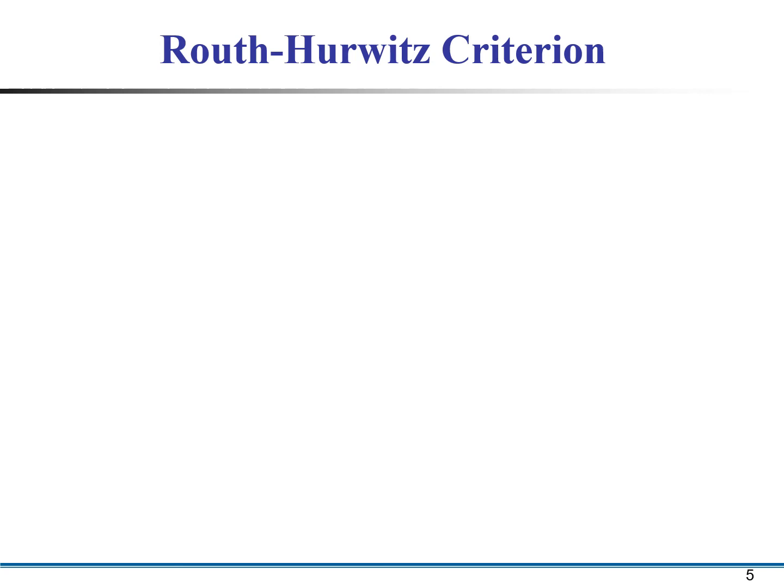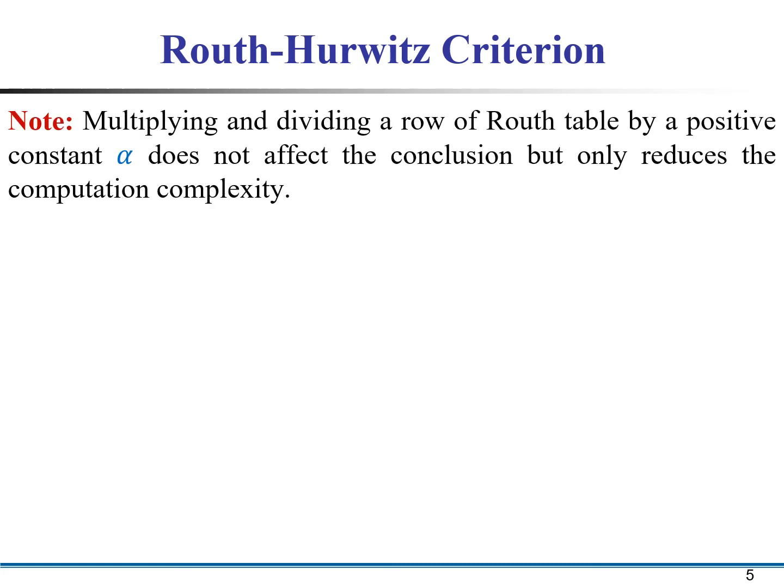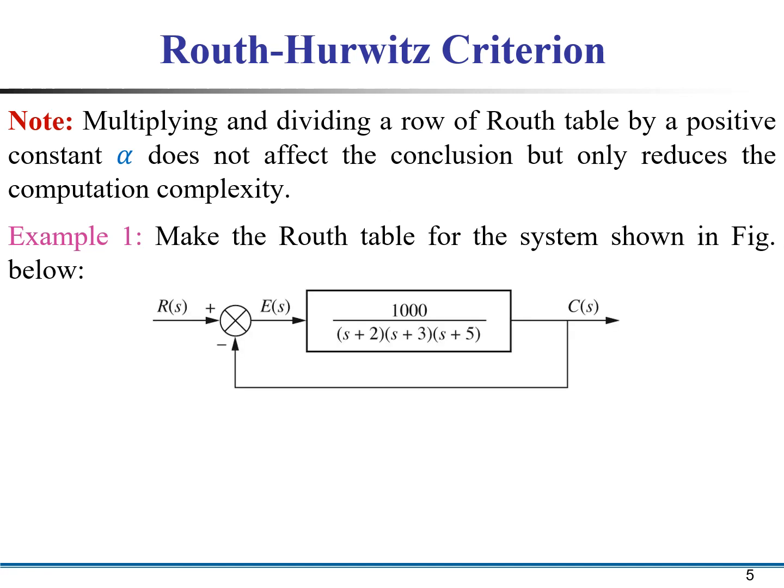So here we will discuss an example. In this example, the open loop transfer function is this one. Suppose this open loop transfer function is G of s.